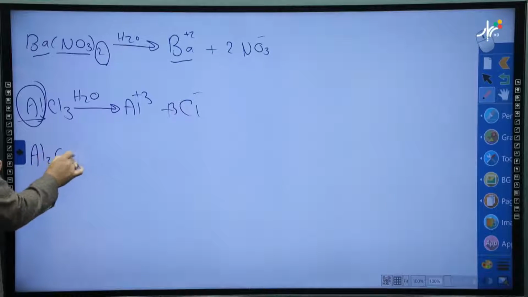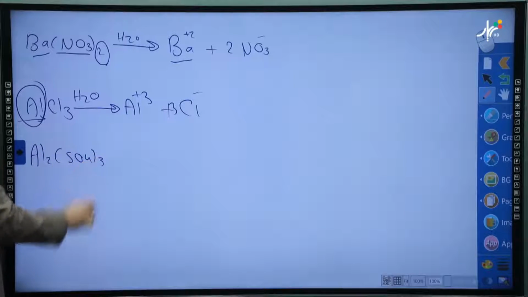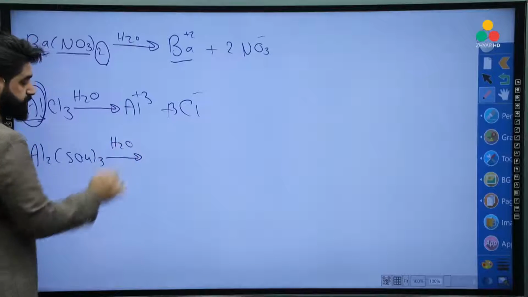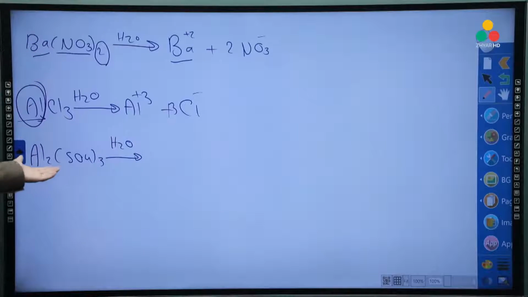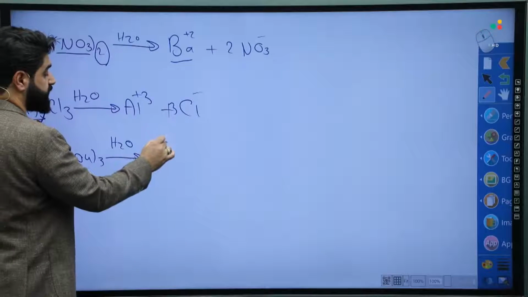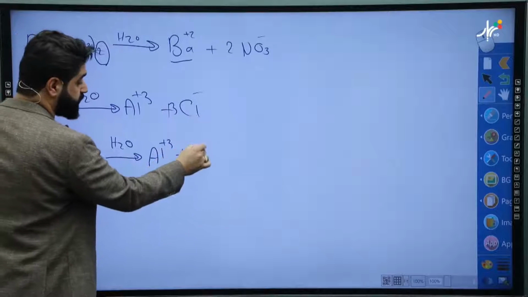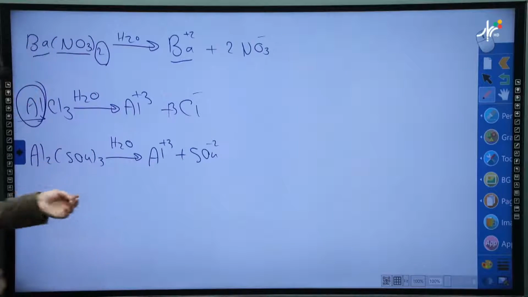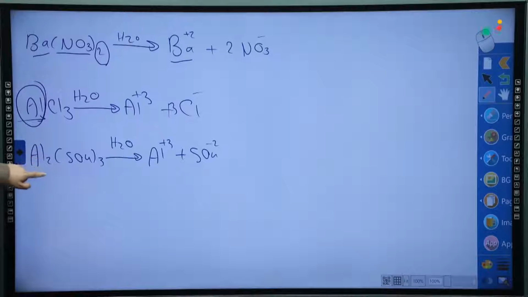Another one, Al2(SO4)3. It will dissociate, right? This is a salt, aluminum and sulfate: Al3+ and SO4 2-. Now balance. How many aluminum atoms do we have here? 2.